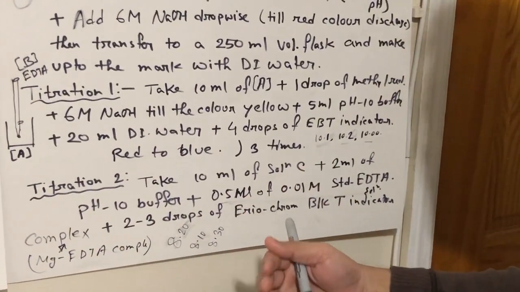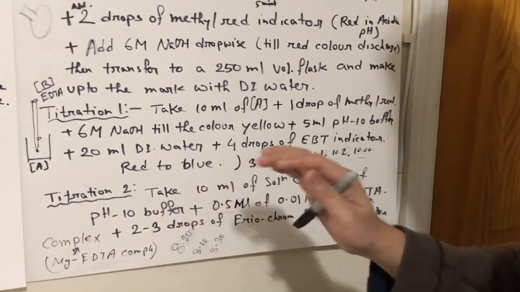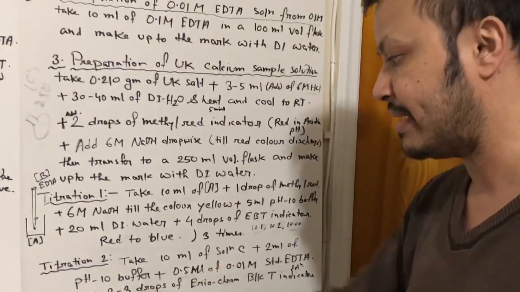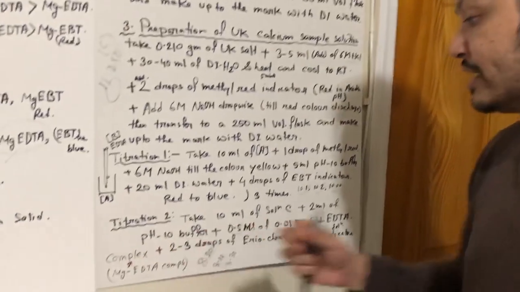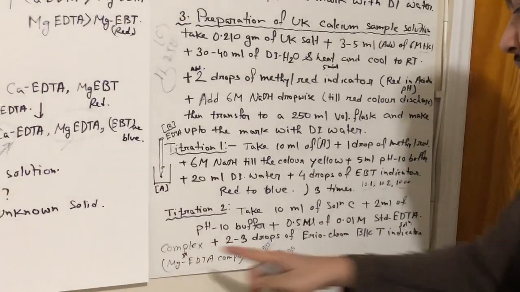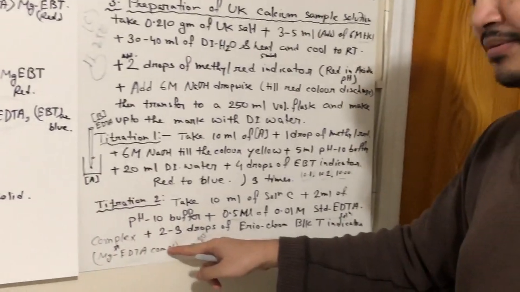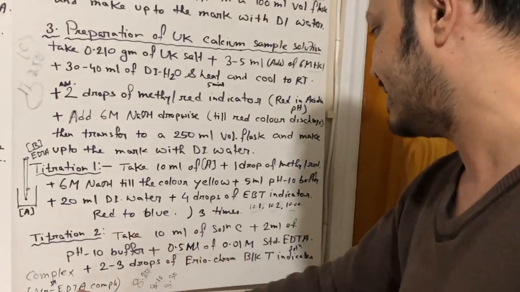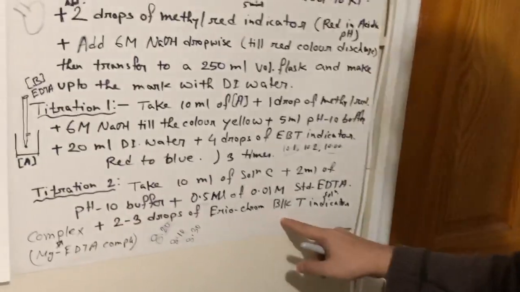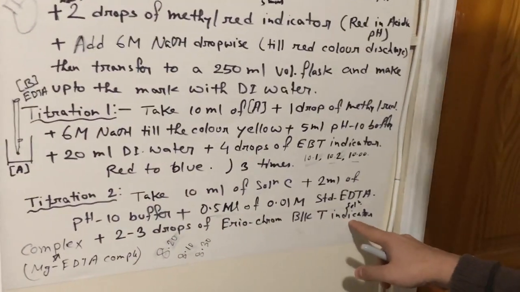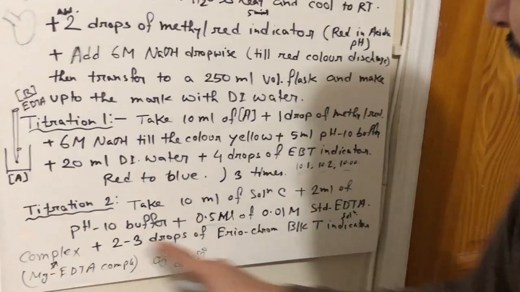As I said before, the calcium doesn't have any good indicator, but magnesium has, so intentionally we are adding the magnesium EDTA complex. Then we add 2 to 3 drops of Eriochrome Black T indicator.